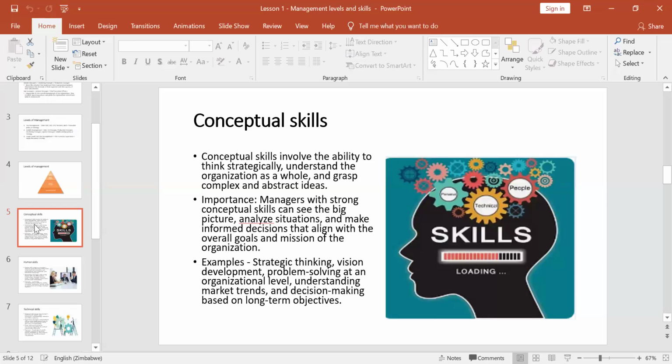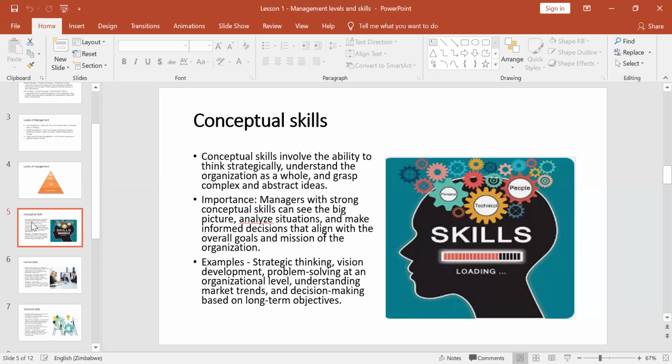So the conceptual skills, you can see from my illustration there, it's someone thinking a lot, strategizing. Those are the conceptual skills. So the conceptual skills involve one's ability to think strategically, to understand the organization as a whole, and to grasp complex and abstract ideas.